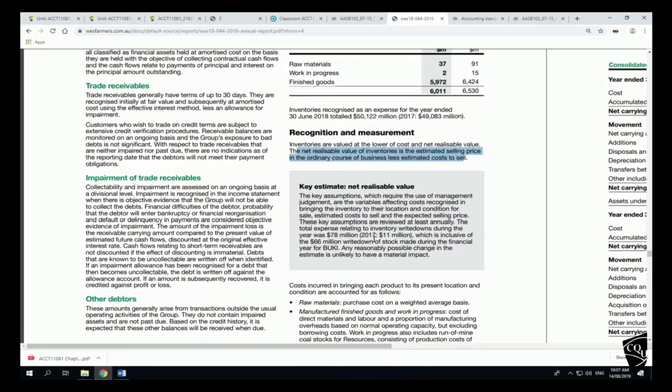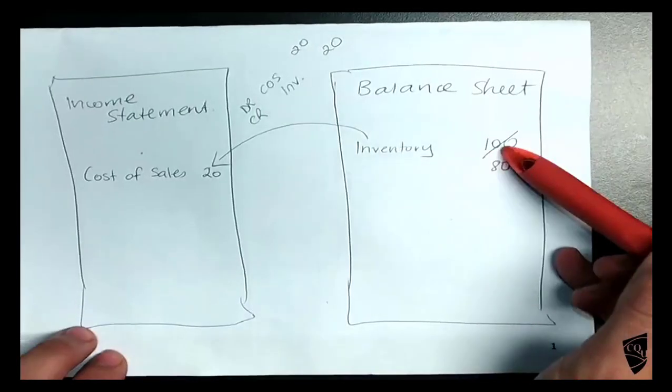Now, this is where I think it gets interesting. So this year, if I read this note, it tells me that the total expense relating to inventory write-downs was $78 million. That's the amount that they had to write down the value in their balance sheet by.